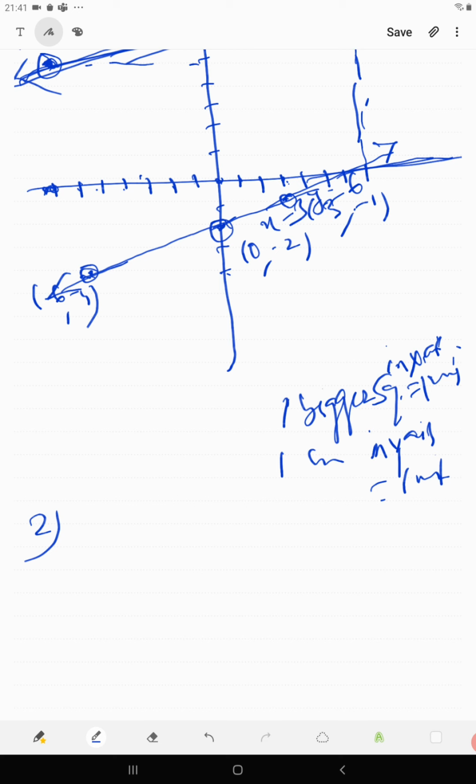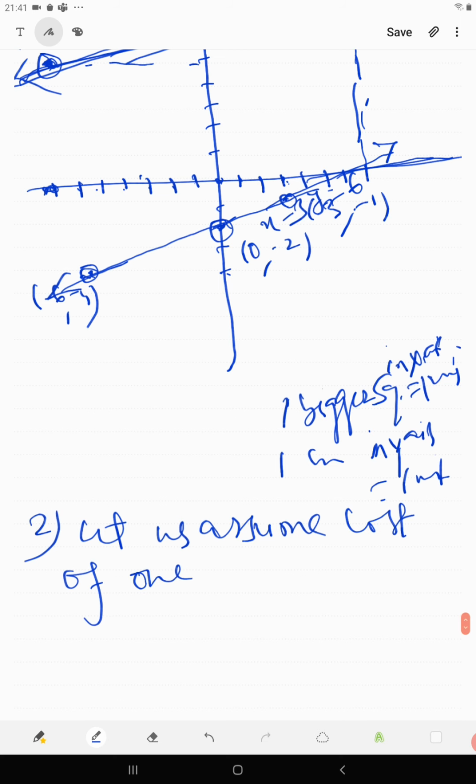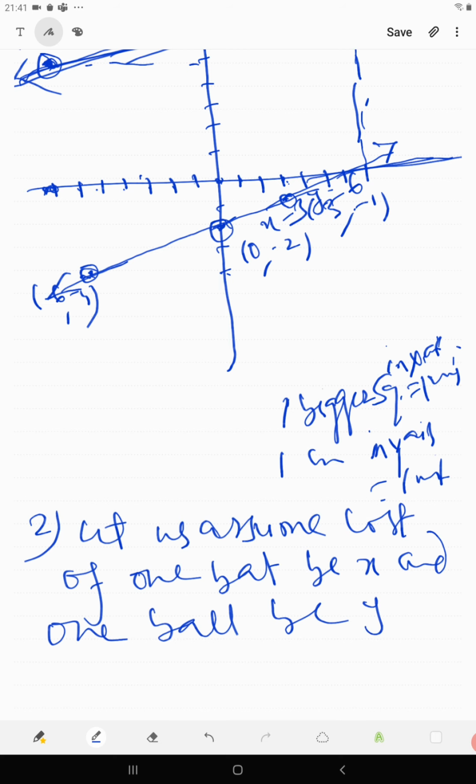So the first thing is, the coach of a cricket team buys 3 bats and 6 balls for rupees 3,900. We don't know the cost of the bat as well as the ball. So let us assume the price of one bat be x and the price of one ball be y.